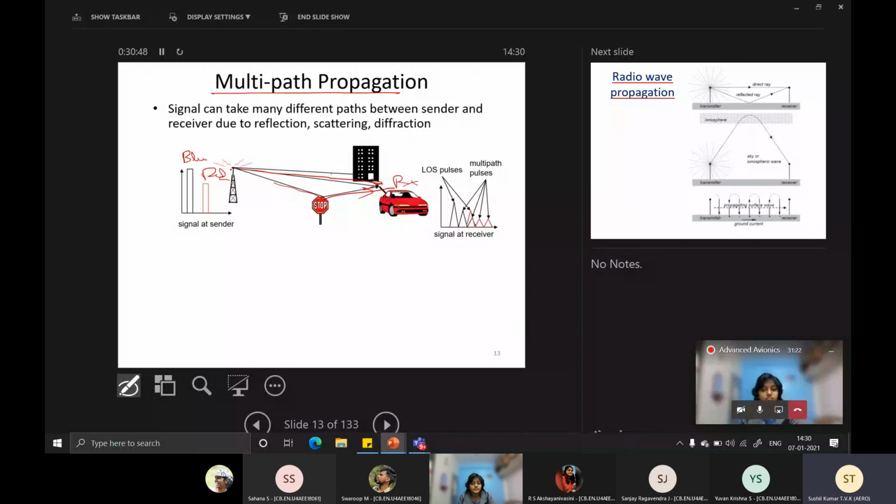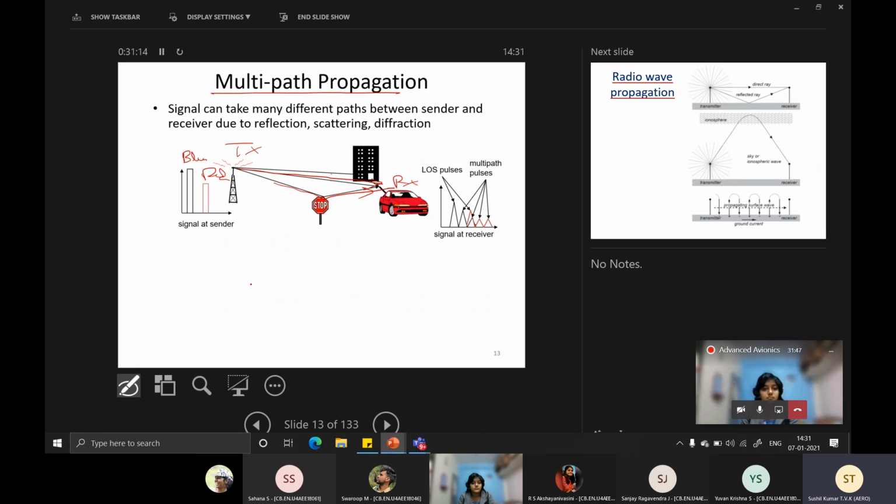If the communication is ideal, it would be from this transmitter to this receiver. That's a straight line. But it might so happen that it can also get reflected. Which means there is a time lag. And once you have this time lag, these two pulses can overlap and create a lot of errors.